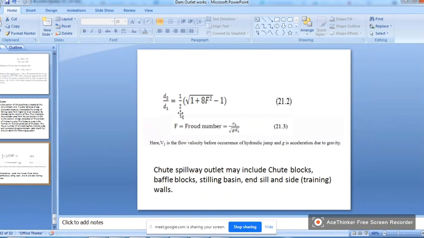So this is about how we design the inlet, trough section, chute section, the channel section and the outlet. This chute spillway outlet may include chute blocks, baffle blocks, stilling basin, end sill, and sides. This we will design in the next unit, hydraulic jump, and all those things we will discuss in detail. So this is the chute spillway.